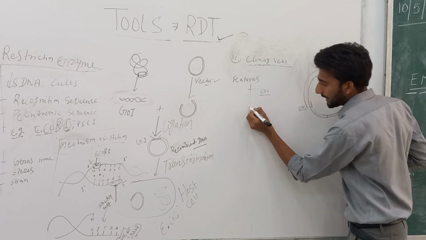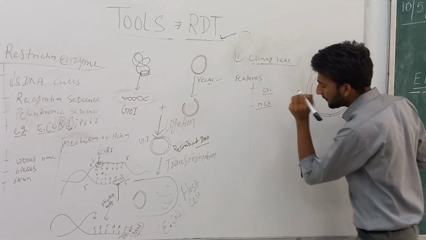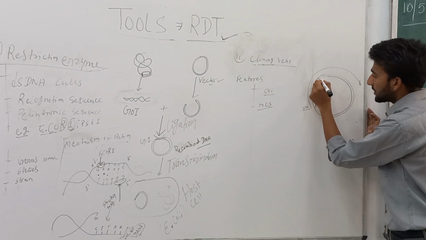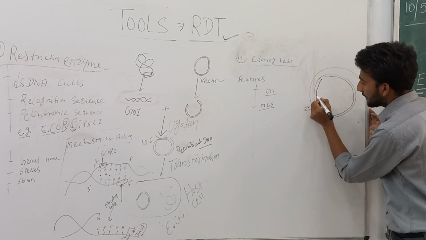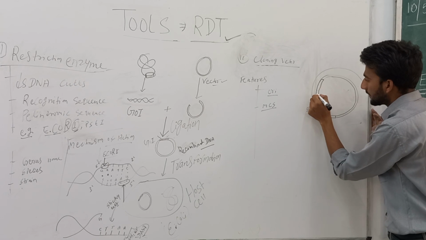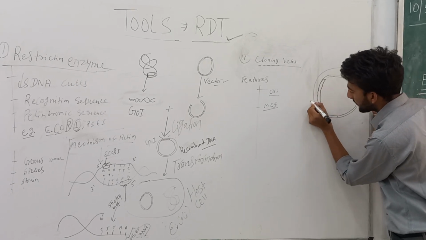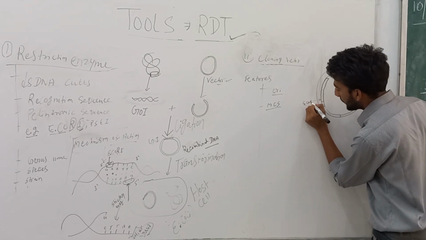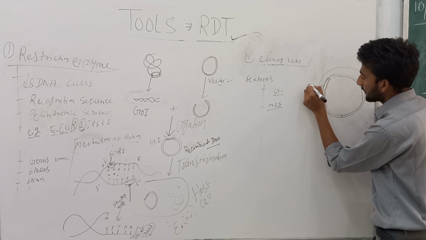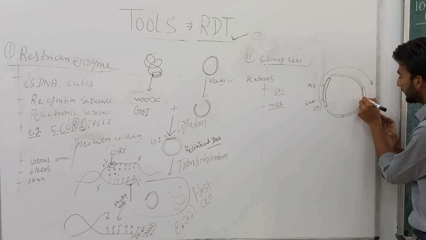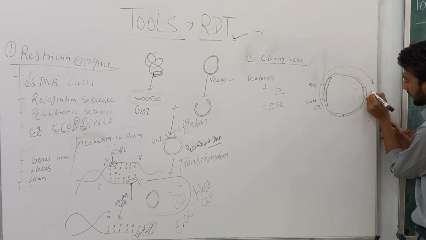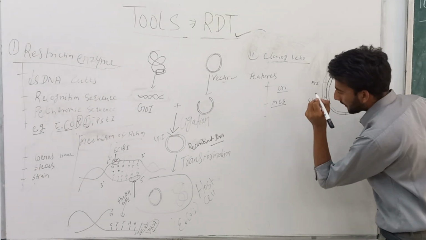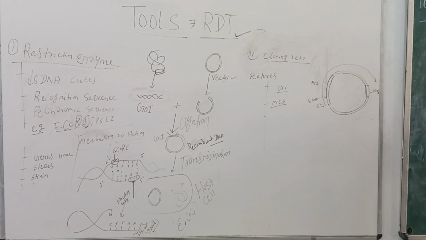And second is multiple cloning sites. What is a multiple cloning site? These sites are specifically for restriction enzymes. They have restriction enzyme sites from where a restriction enzyme can act, like we have the E. coli EcoRI site, and we can have others, etc. And what is the role of multiple cloning sites?